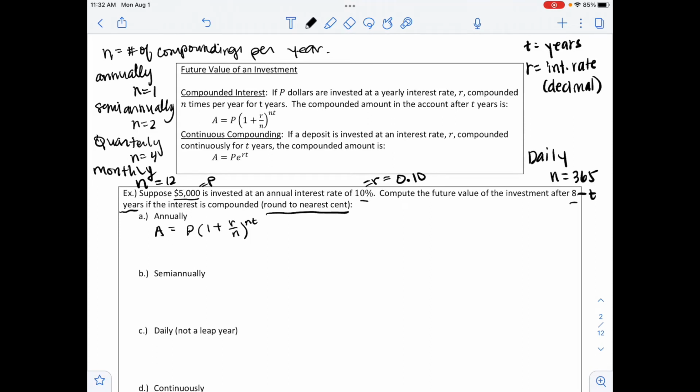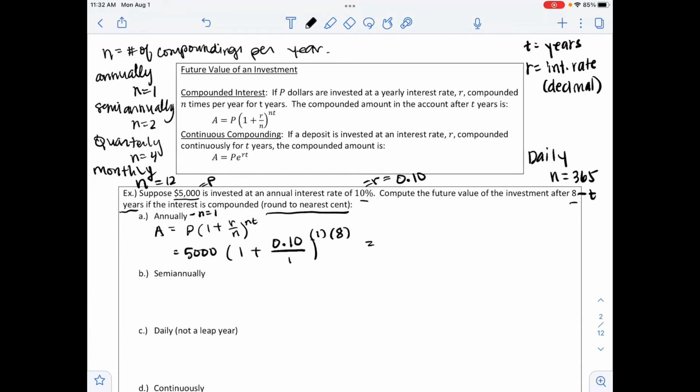And so substituting these all in, we have 5,000 times 1 plus R, which is 0.10 over N. And for this problem, since we are dealing with annually, N is going to be equal to 1. And then raised to the N, which is 1, times T, which again is 8.